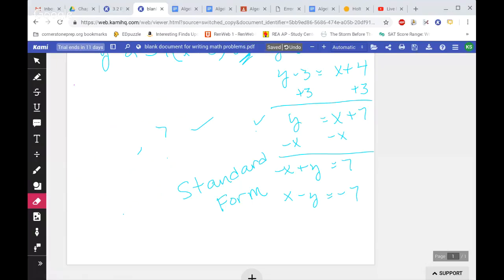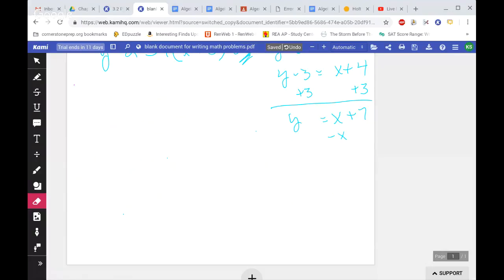Okay, I'm going to do number 9, and it follows the same instructions. You are given 2 points, and we are supposed to put it in point slope form and standard form.